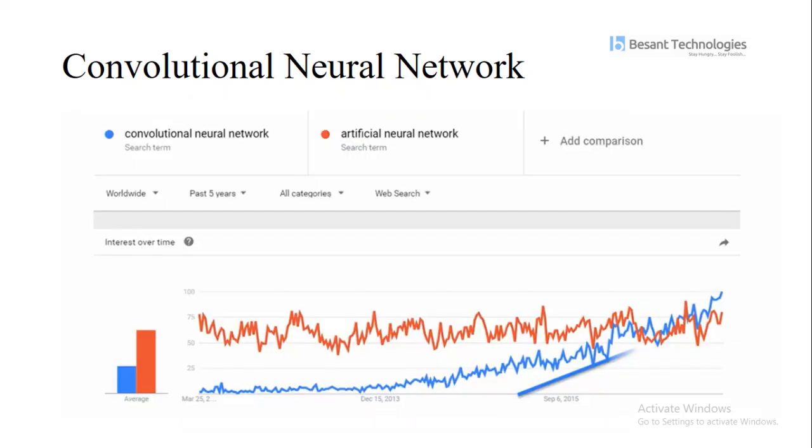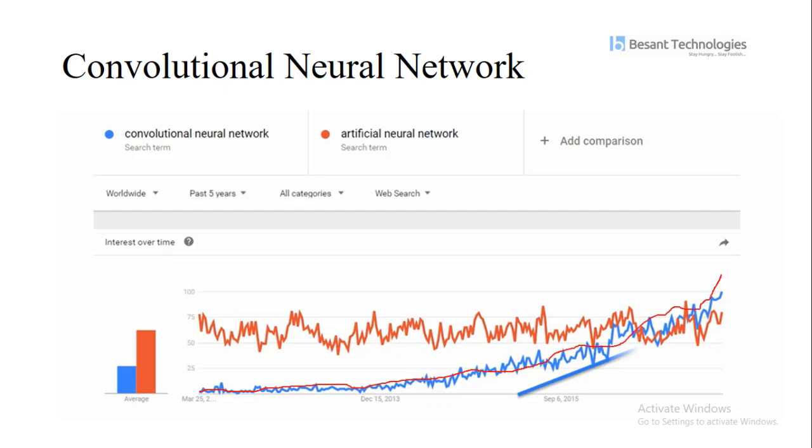A few years back, around 2012, Google searches for convolutional neural network were below 25, but now it slowly starts to increase, and this CNN now beats our ANN.